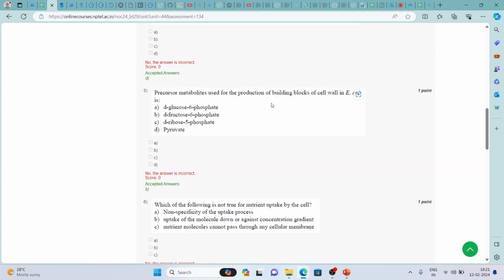They are saying that the answer is B. And you are saying none of this is part of the cell wall? No, I'm saying it may be glucose 6-phosphate, because the cell wall is made up of peptidoglycan, and peptidoglycan is made up of N-acetylglucosamine and N-acetylmuramic acid, and both are derived from glucose 6-phosphate. That's why I have a little doubt here.